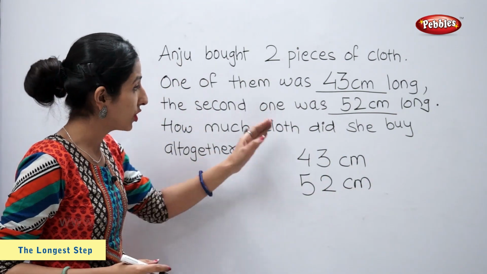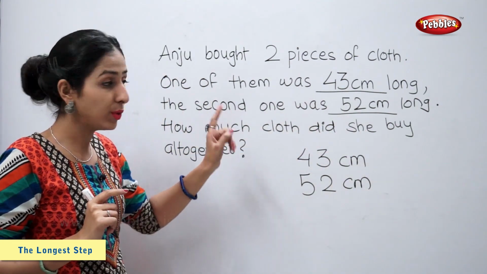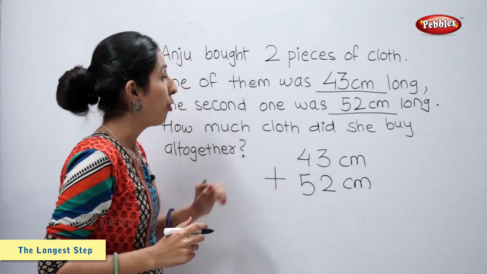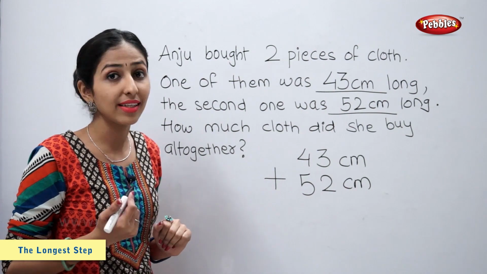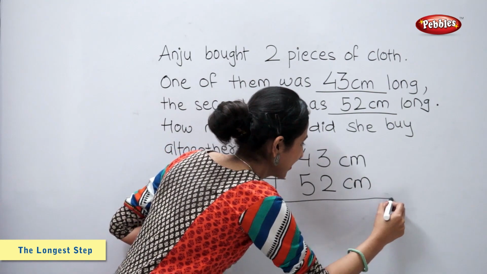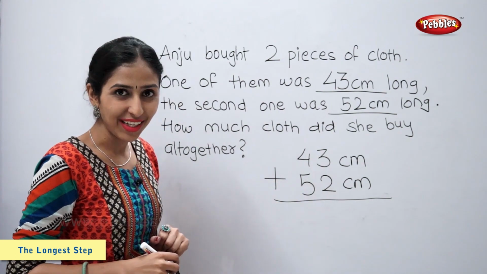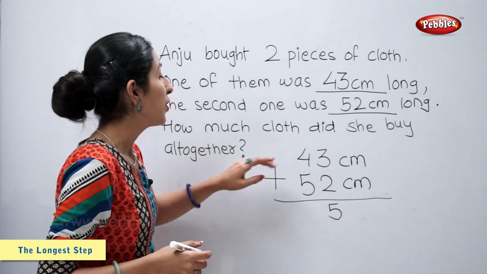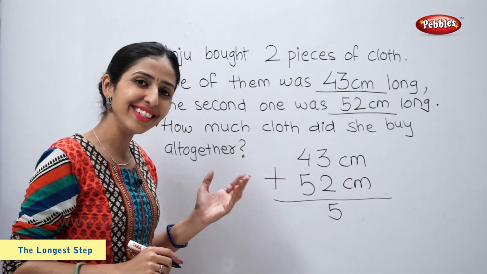So, how much cloth did she buy altogether? So, we have to add these numbers. 43 centimeters plus 52 centimeters is equal to how much? Let's count. 3 plus 2 is equal to 5. 4 plus 5 is equal to 9.